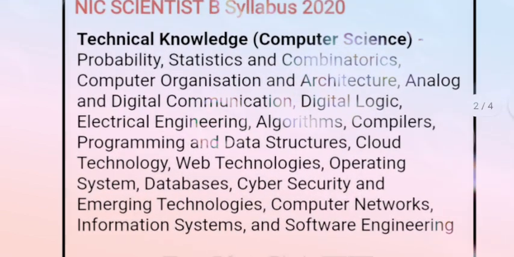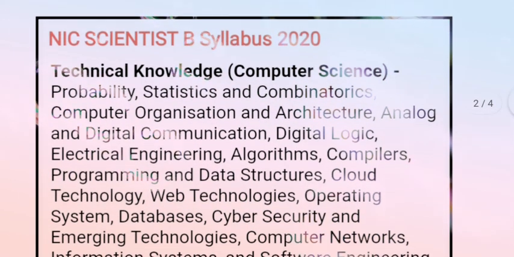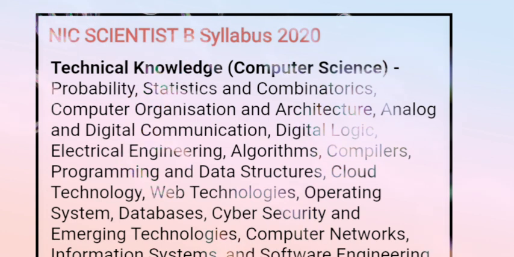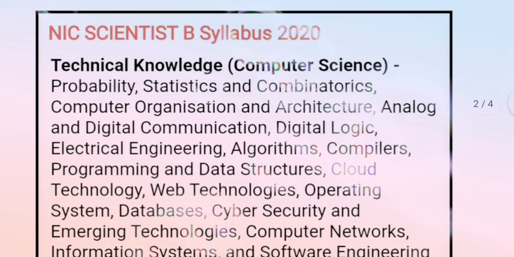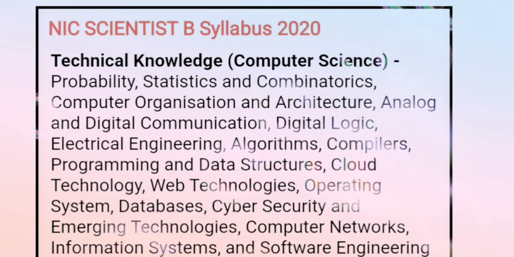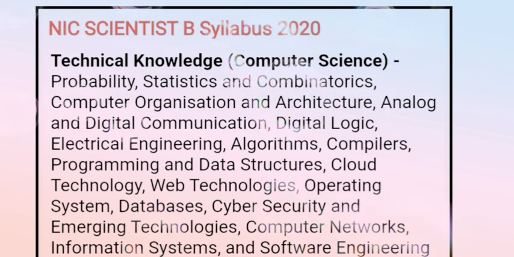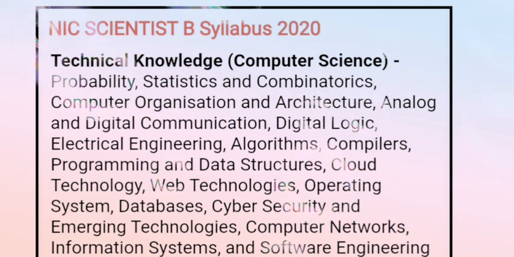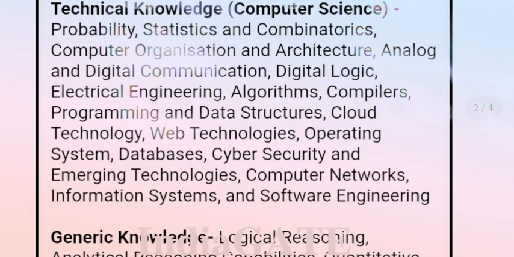The technical knowledge is totally based on the syllabus of computer science, where important topics and subpoints are probability, statistics and combinatorics, computer organization and architecture, analog and digital communication, digital logic, electrical engineering, algorithms, compilers, programming and data structures, cloud technologies, web technologies, operating system, database, cybersecurity and emerging technologies, computer network, information systems and software engineering.